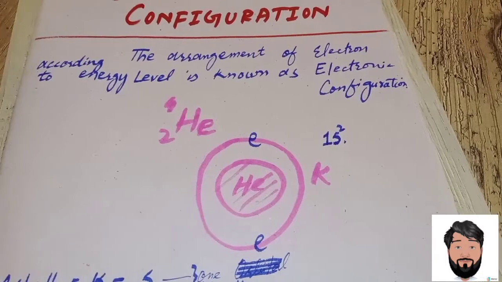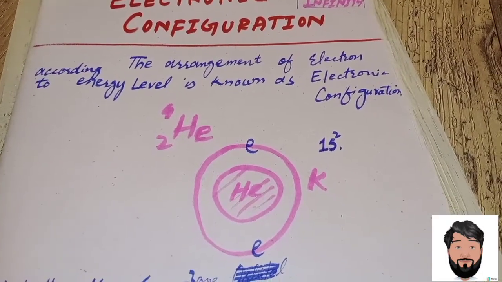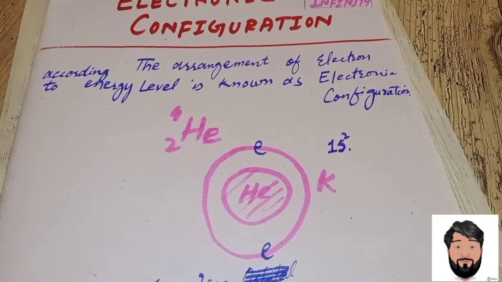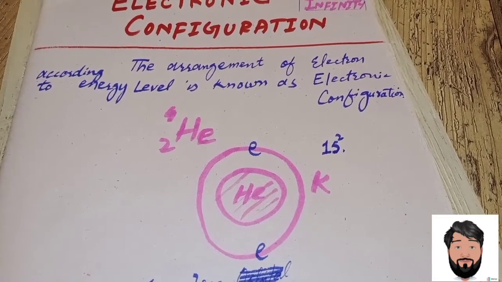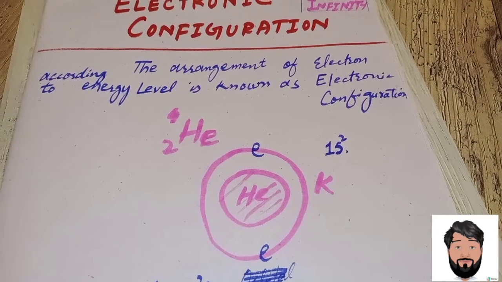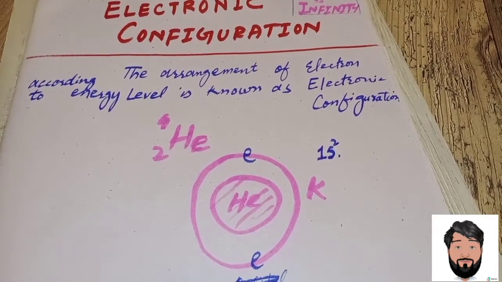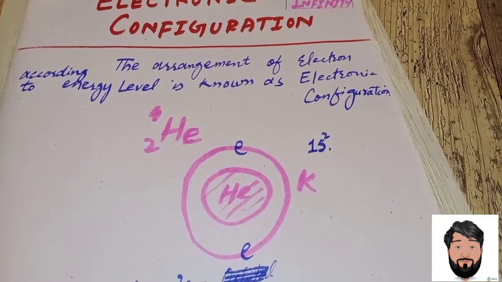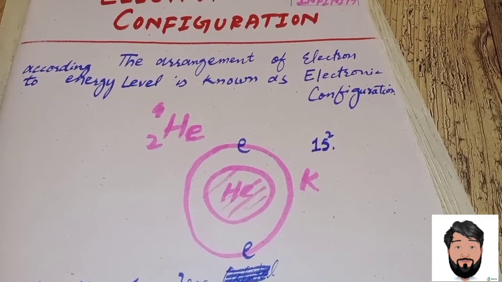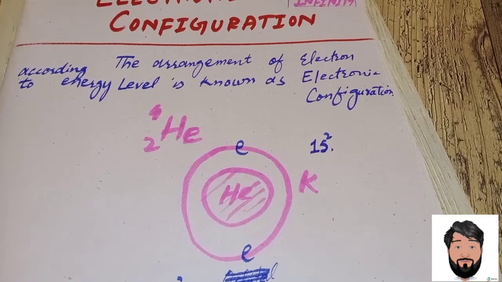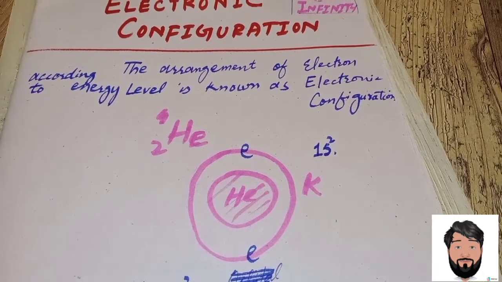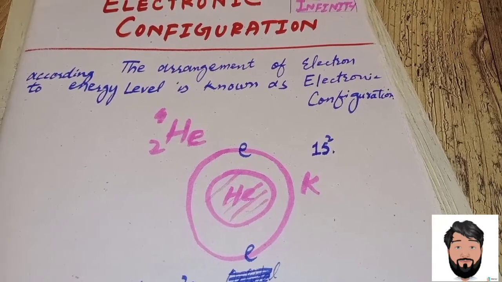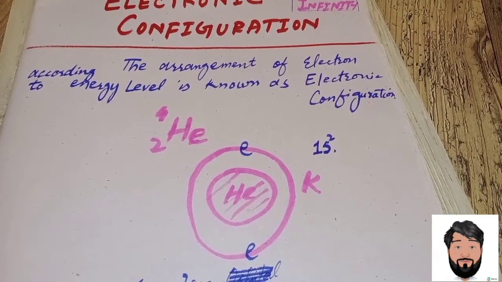Okay, now we come to helium. Helium has an atomic number of 2, so it has 2 protons as well as 2 electrons. When you put 2 electrons in helium, they will occupy the K shell, because the K shell is the first shell, and in the K shell there is only one subshell, S, and S has only one orbital, and one orbital can occupy 2 electrons.